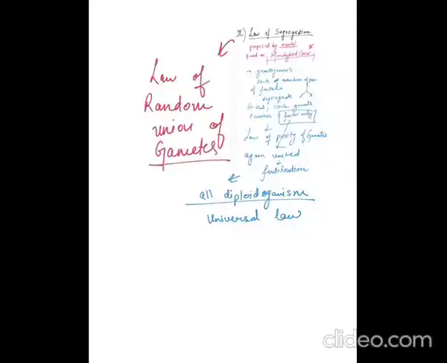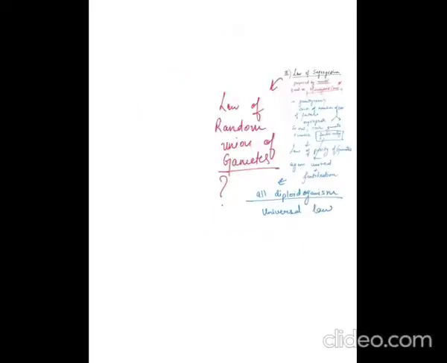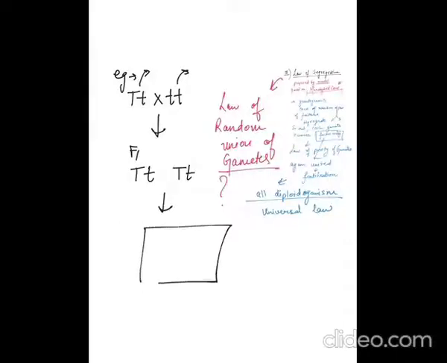Why was this given? To understand this, let's see an example. The example is the cross between capital T and small t. So these are the parental generation, from one parent and another parent. So the F1 generation will be this. Now let's see their cross.